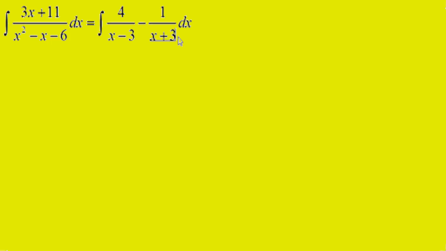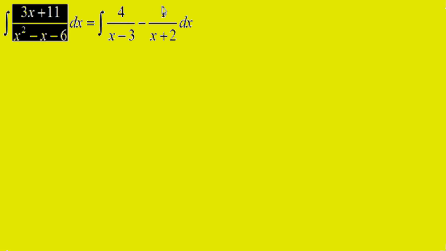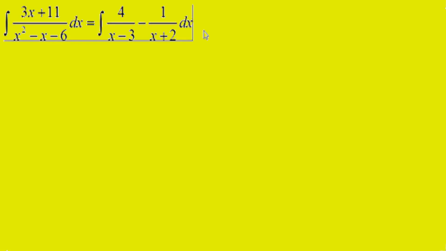When you do the math and you combine these two fractions, they will give you this fraction. And the logic here is that these two fractions are equivalent to the original one, and therefore their integrals must be equivalent. And these two fractions here are easy to integrate.